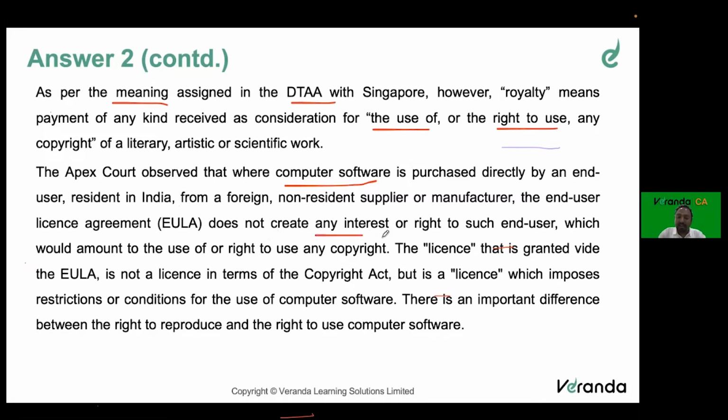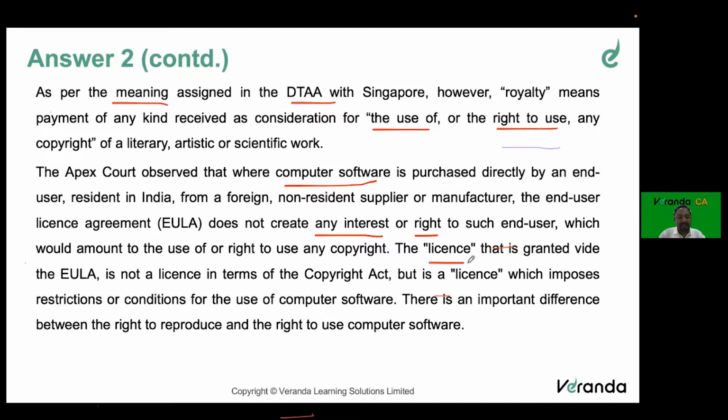I don't create any interest or right which should amount to the right to use of any copyright, because the end user very clearly says you cannot copy the software, you cannot reverse engineer the software, you cannot copy it into another system, you cannot use it in the network. See the number of restrictions placed in the end user license agreement. So when you talk about the interest or right created, there is nothing that is actually created.